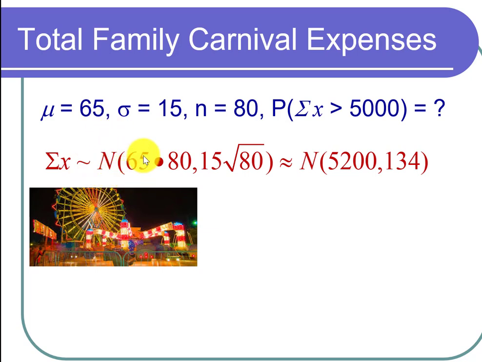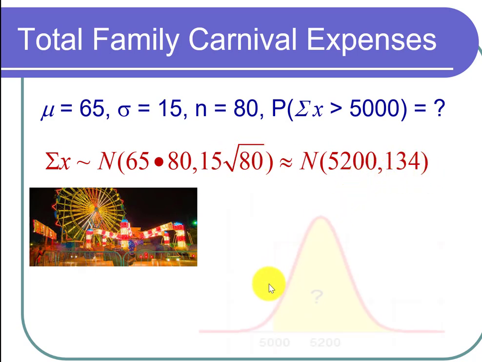The mean is going to be mu times n, or 65 times 80. And the standard deviation will be sigma times root n, or 15 times root 80. And that I worked out is normally distributed. 65 times 80 is 5,200, and 15 times root 80 is around 134.